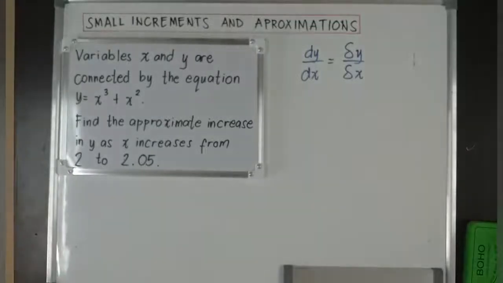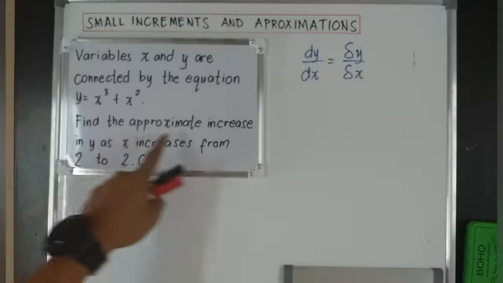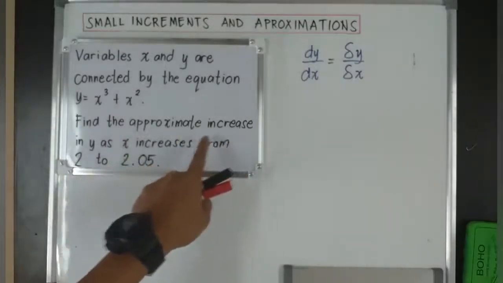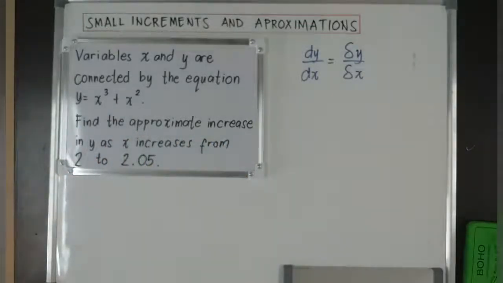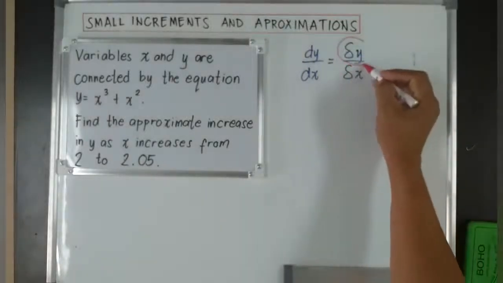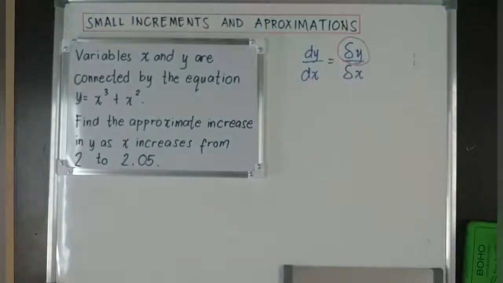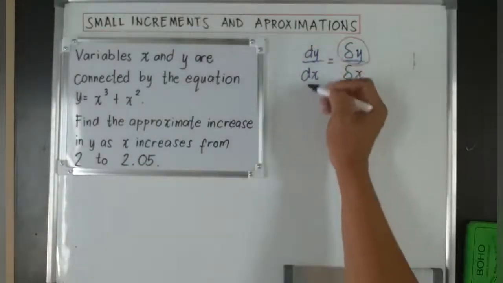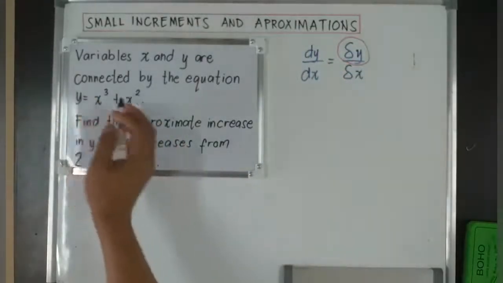Now, how will you solve for the approximate increase in y? So what is missing over here is this part. So how do you do that? Definitely we are just going to solve this problem by getting dy over dx of this.